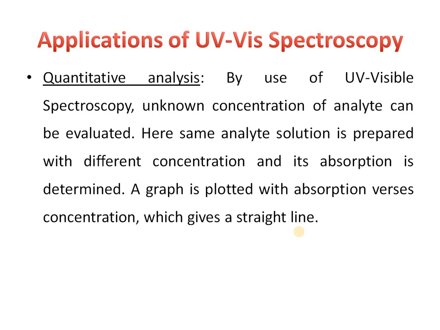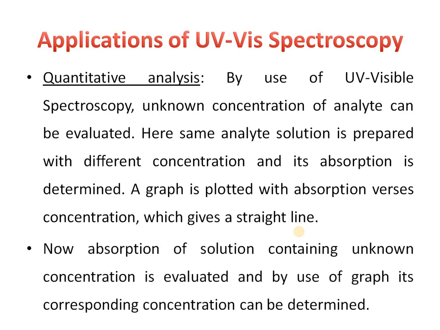Now a graph is plotted with absorption versus concentration, which should give a straight line as per Beer's law. Now absorption of a solution containing unknown concentration is evaluated, and by using the graph we will be able to find out the concentration of that compound in the solution.